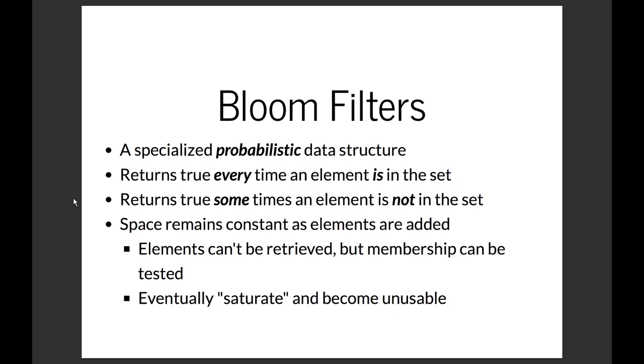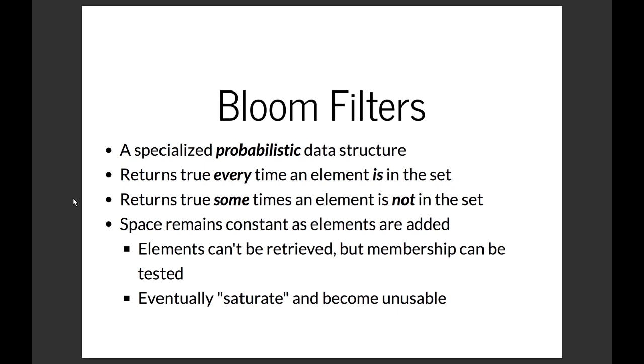Bloom filter. So a Bloom filter is a specialized probabilistic data structure. So what that is, that's a data structure that doesn't necessarily give concrete answers. It will give you the right answer most of the time. What you get in return for sacrificing absolute accuracy is you get the ability to use way less memory.